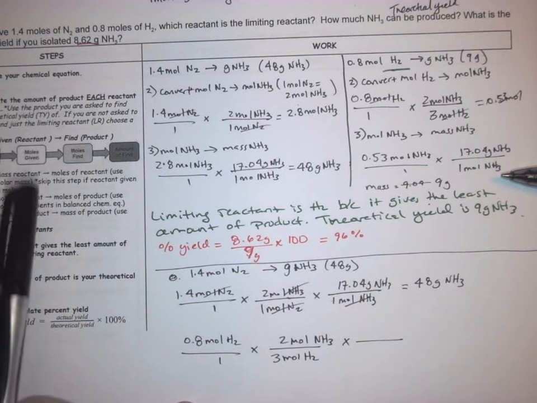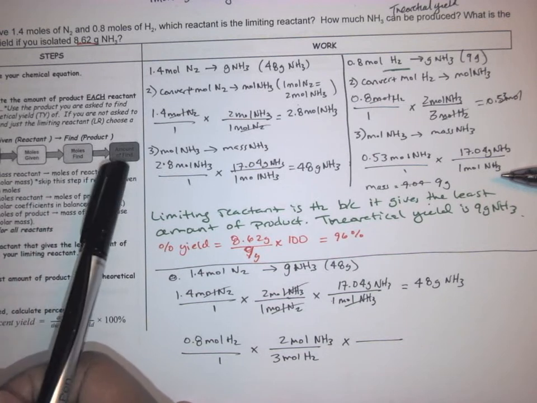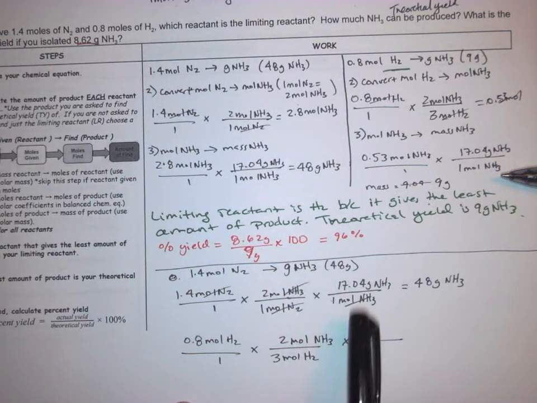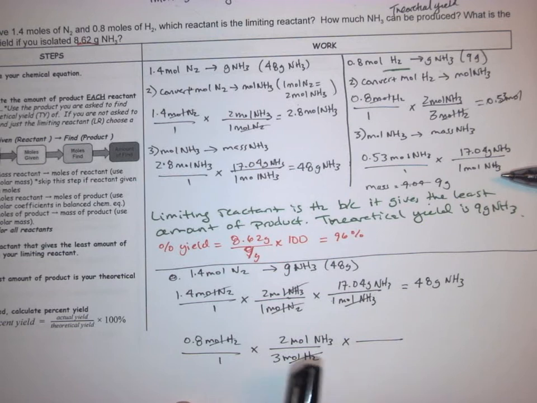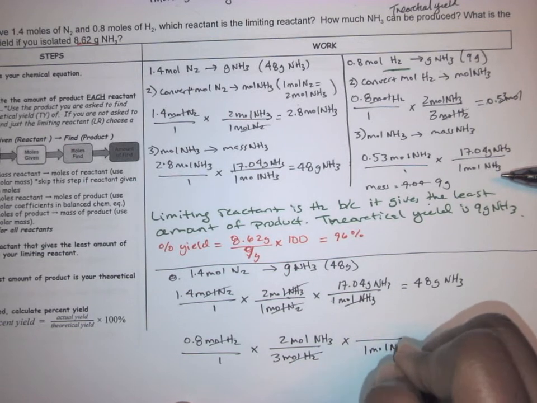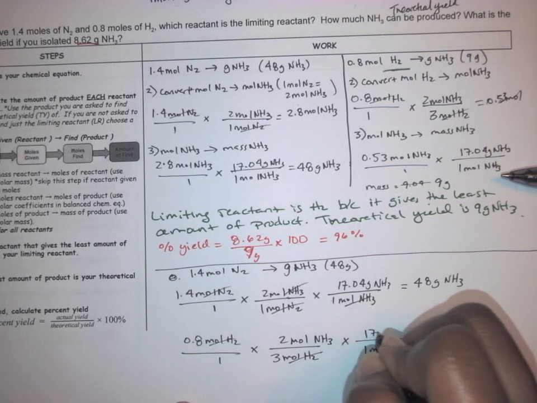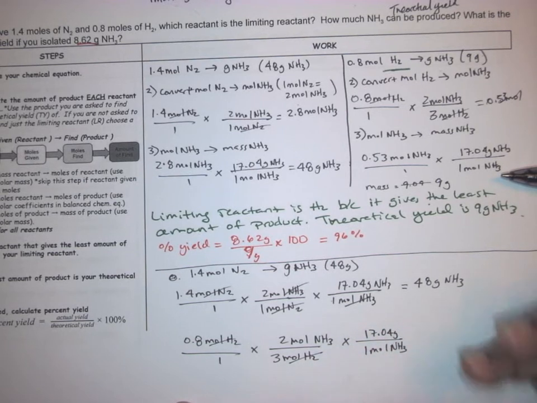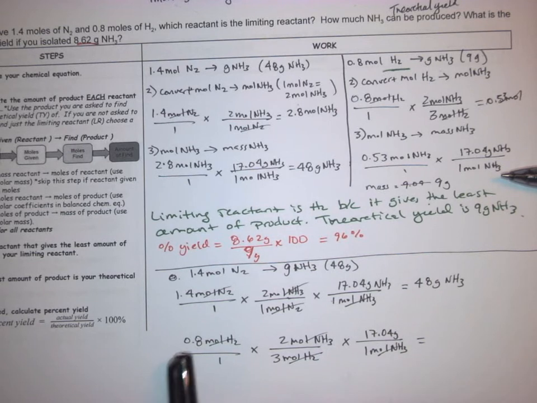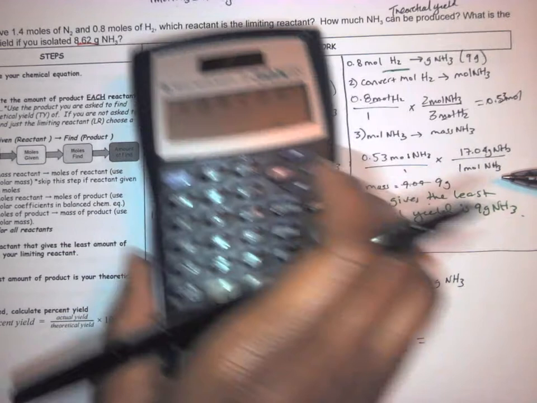Now we have moles of find, so we need to get the amount of find, the mass, and that will be from the molar mass. And it should look the same as what you did up here, because what we have now is the moles of NH3. So to cancel that out, we put 1 mole NH3 on the bottom, and then the mass 17.04 grams. All right, we do the math, put this in the calculator, 0.8 times 2 times 17.04.